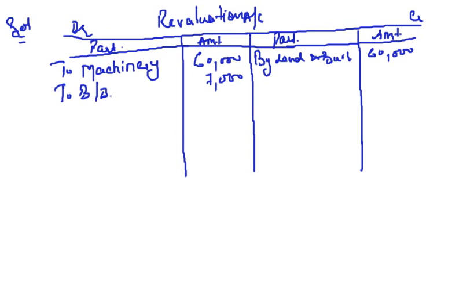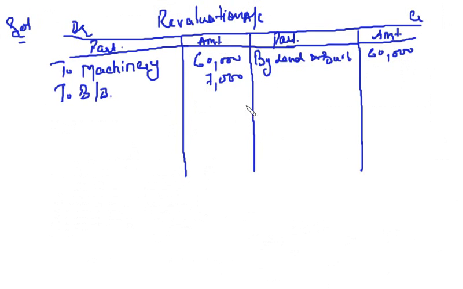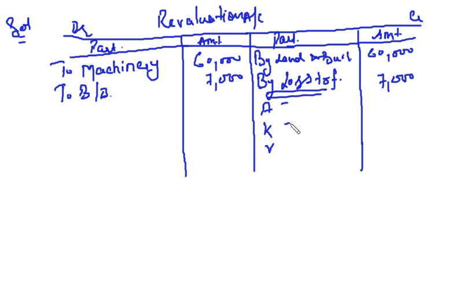Anything else relating revaluation? No, nothing. Clear? So now we can say, if you see, there is a loss transferred, right? What is the total loss? Total loss of 7,000. How is it to be distributed between three partners A, K and V? What is their old profit sharing ratio?